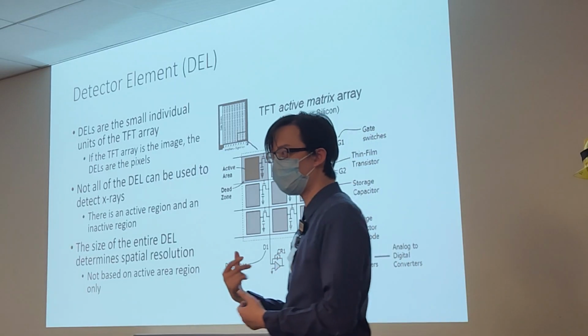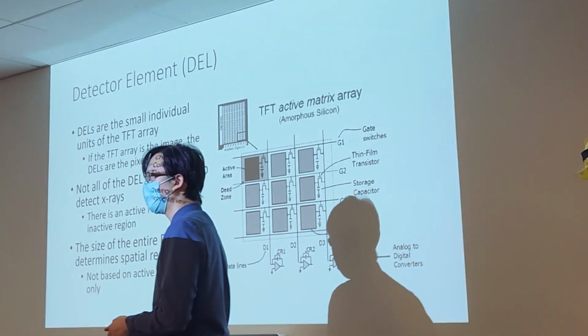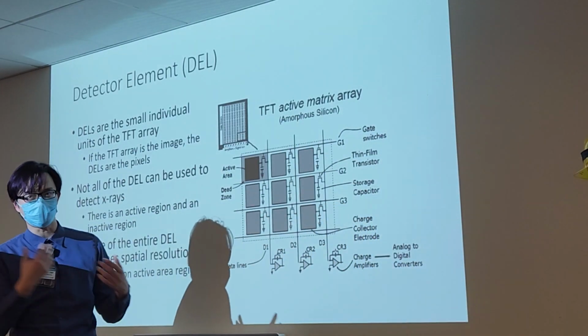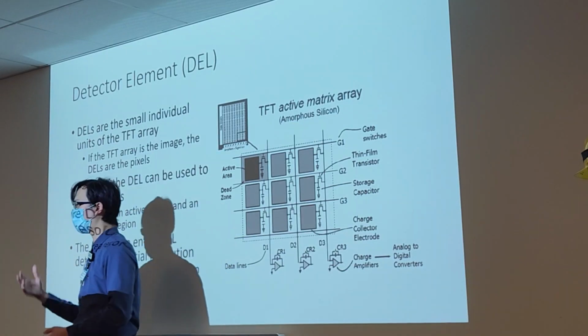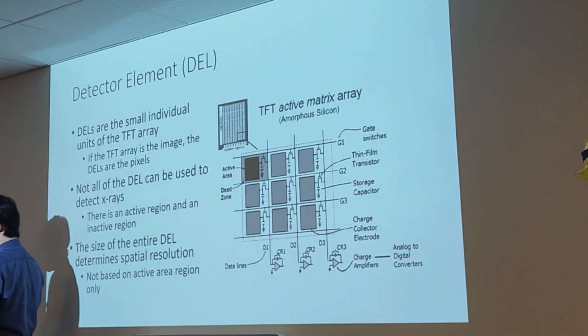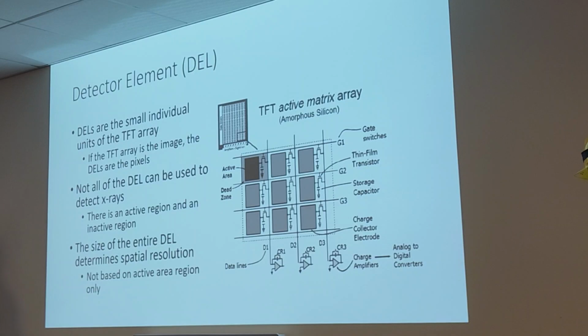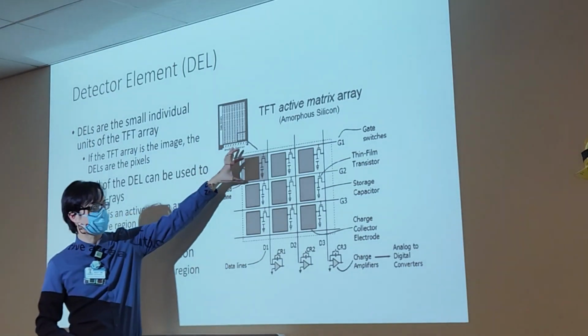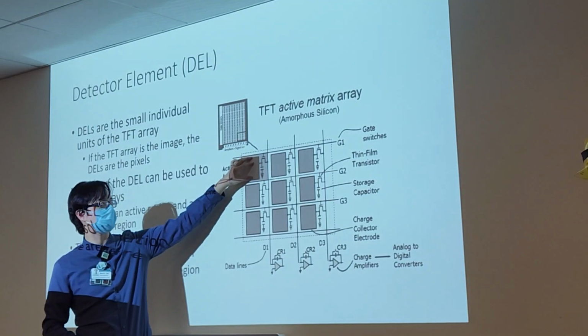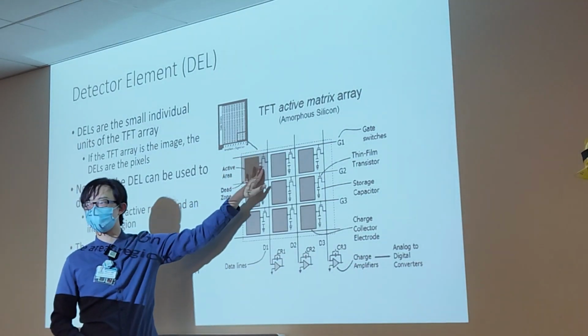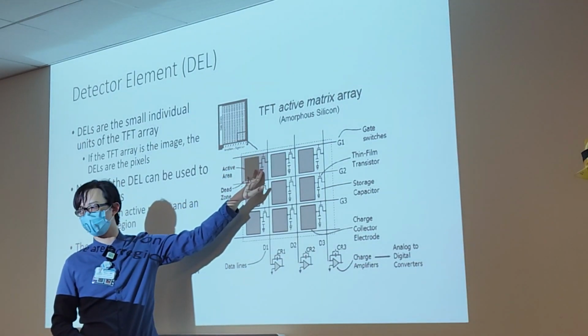The active part is what can capture the signal. The inactive part cannot. The inactive part will hold everything else used to support the active area. That's where your capacitor is going to be, and the rest of your electronics. The active area is going to detect X-rays, and everything else is going to support it in its job to detect X-rays.